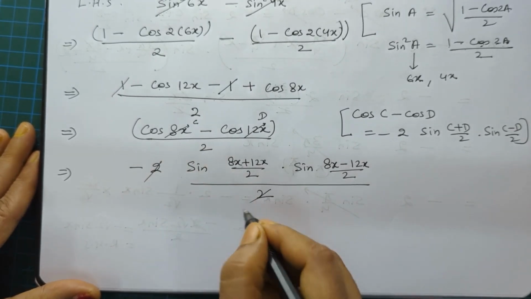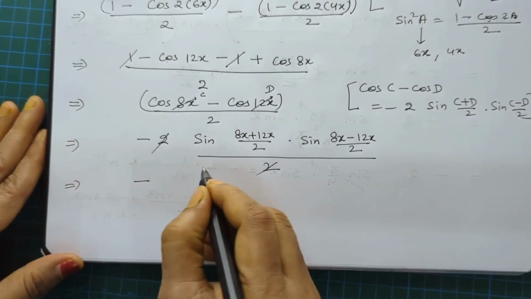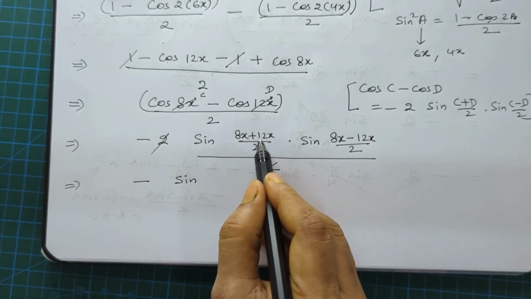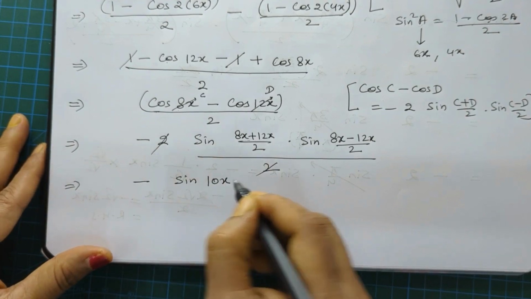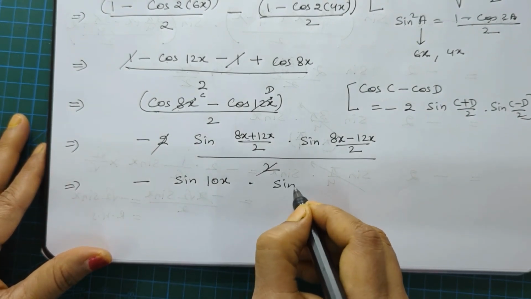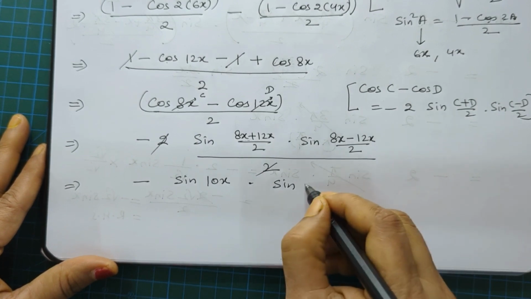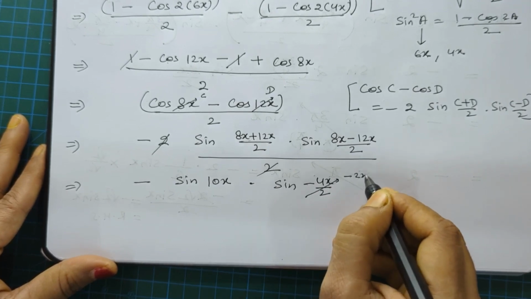This 2 cancels, that's fine. Then negative of sine: 8x plus 12x is 20x, 20x by 2 is 10x, times sine of 8x minus 12x, which is negative 4x by 2, ultimately negative 2x.